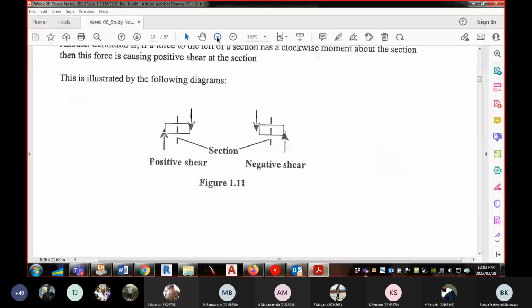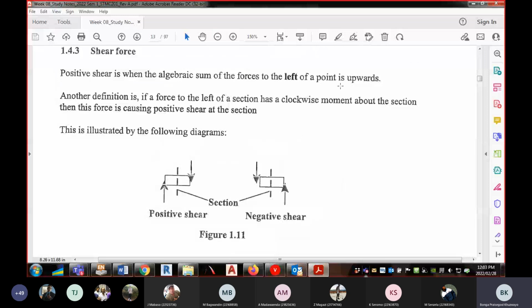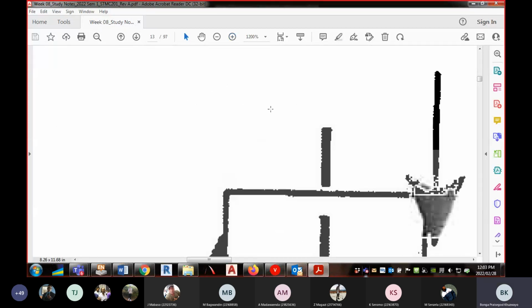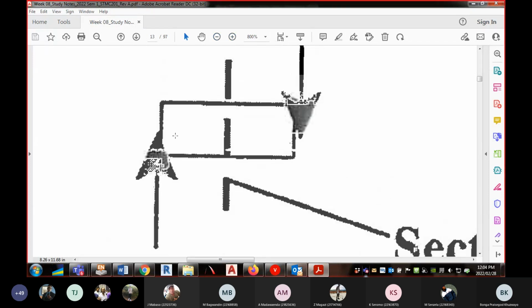Now, what is it saying? Okay, so we're on page 11. Positive shear is when the algebraic sum of the forces to the left of a point is upward. Let's look at this one first. This is the section. We're cutting through a beam.